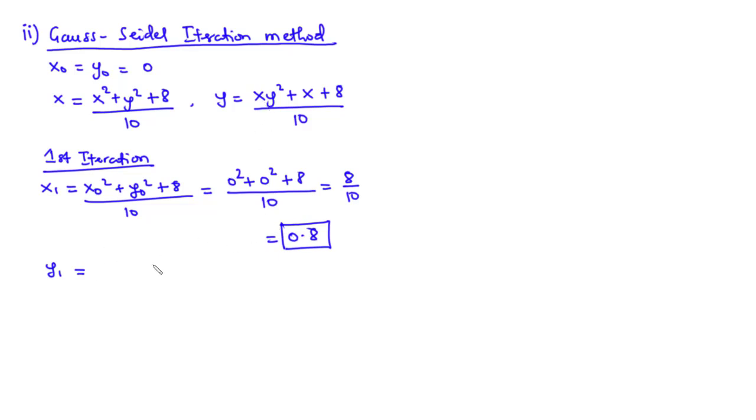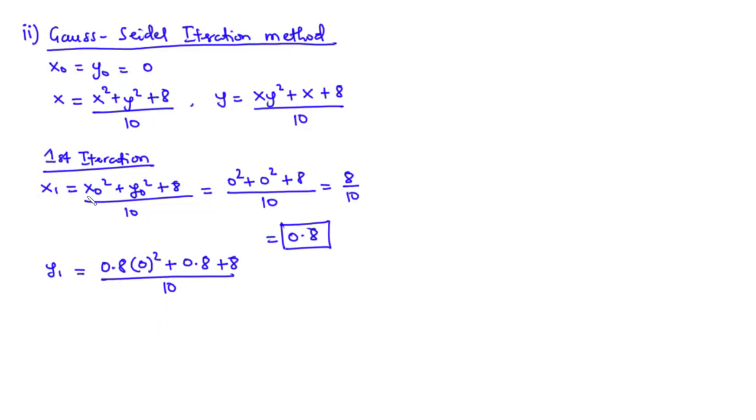So here we are going to have the new, updated value of x, which is 0.8, times y. The value for y that we already have is y0 equals 0. So we put in here 0 square plus updated value for x is 0.8 plus 8, all divided by 10. So what we are saying is that for Gauss-Seidel iteration, we always update the values of x and y using the new values that we obtain.